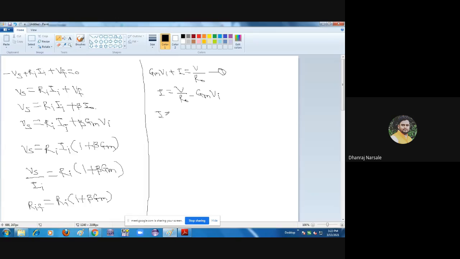I is equal to V divided by Ro minus minus plus, so plus Gm into Vf. In the above equation we have put the value of Vi equal to minus Vf. Minus Vf into minus Gm is plus Gm into Vf. Is that right? Minus minus became plus?